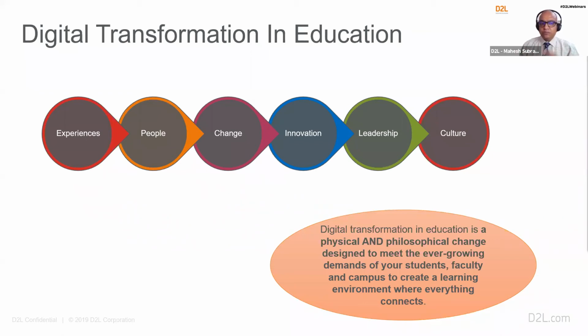A transformation is typically about change. When we talk about change, we're talking about changing people's approach to traditional models, to what they're used to, getting them into a reskilling and upskilling mode. It is important for innovation to happen at every stage of the transformation exercise.